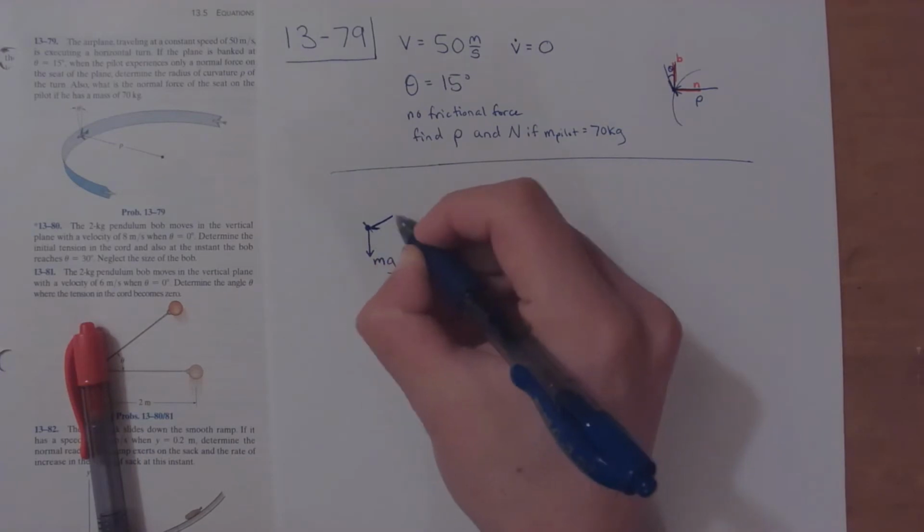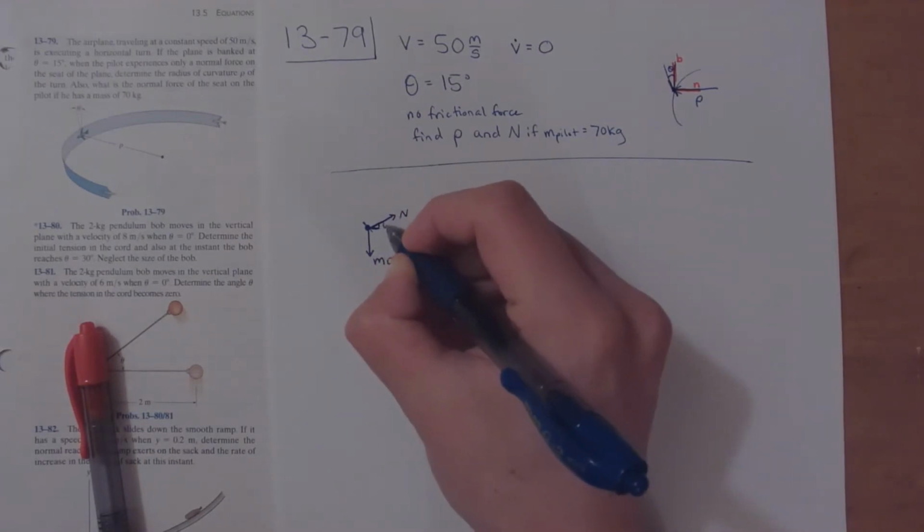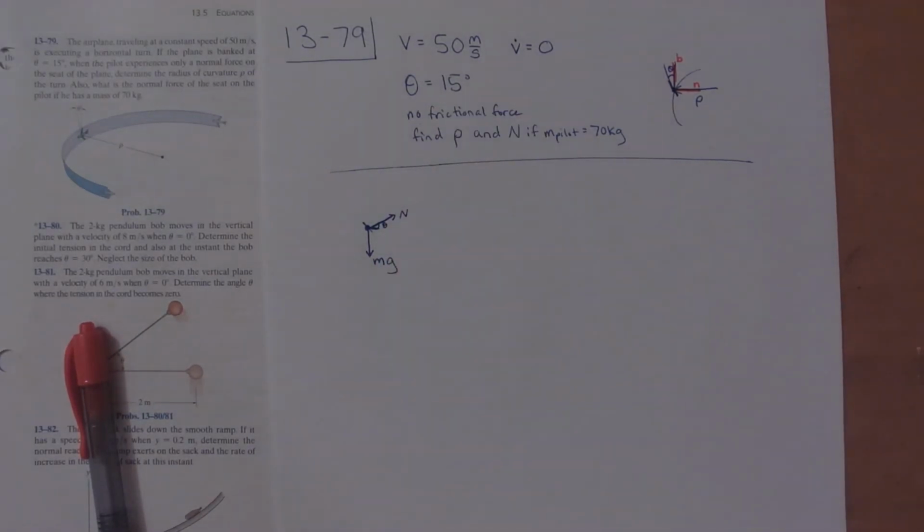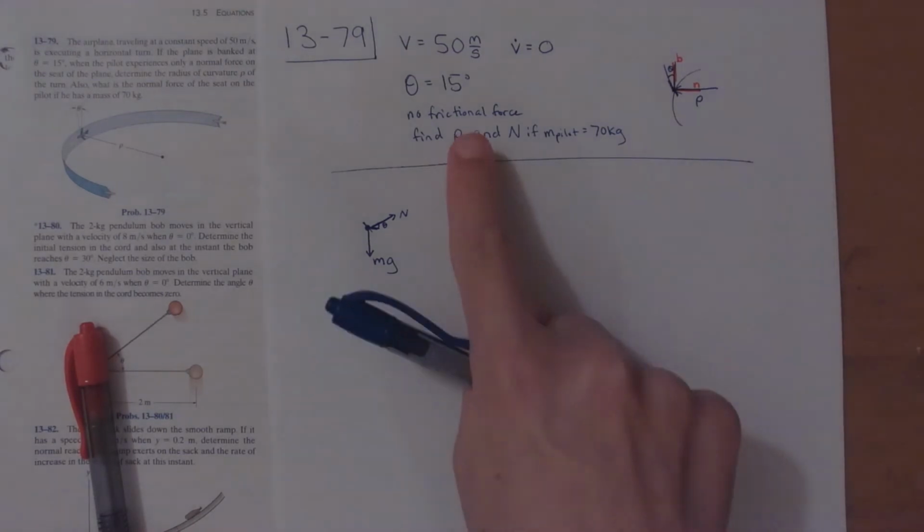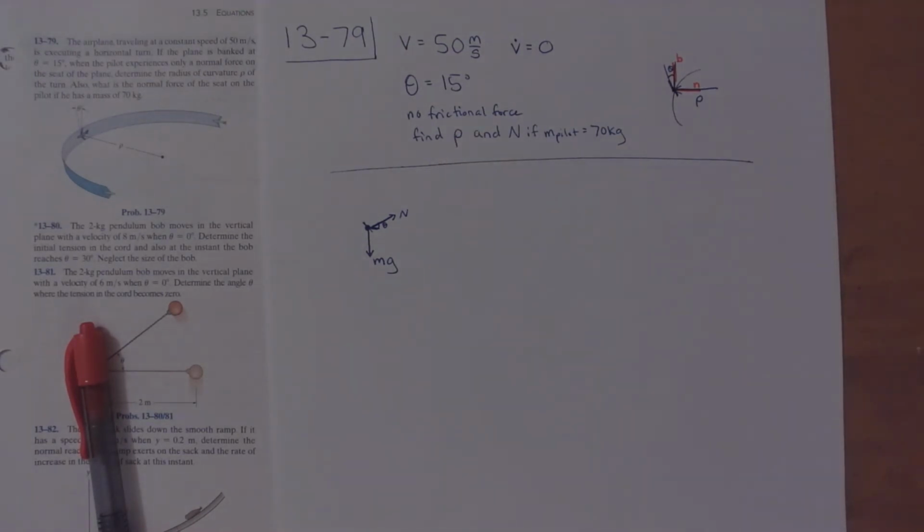So the normal force is pointing like this, where this angle, I'm just going to write theta there, but it's 15 degrees. Okay, so we have our non-contact force, which is the force of gravity. And the only thing touching the pilot is the seat, which is exerting a normal force but no frictional force. So we're done with our free body diagram.